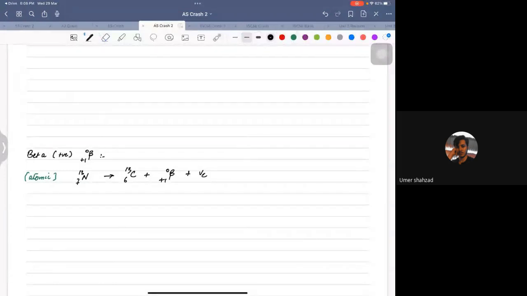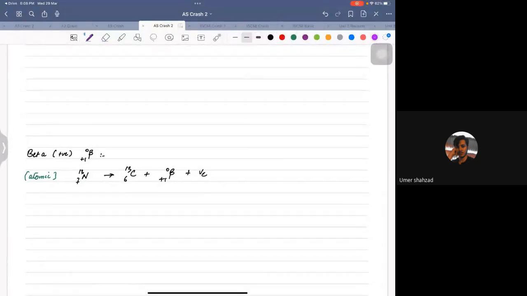If you look at this equation carefully, you realize that it has 7 protons and 6 neutrons, and it has 6 protons and 7 neutrons. And then it gives you a positron, 0 plus 1. Positron is the antiparticle of electron. And it gives you a normal neutrino.